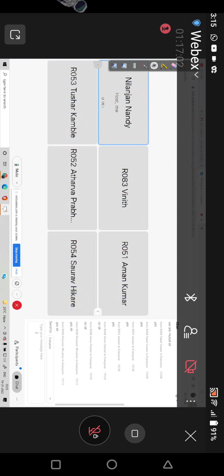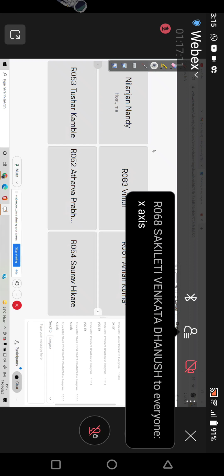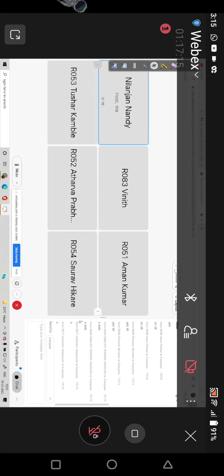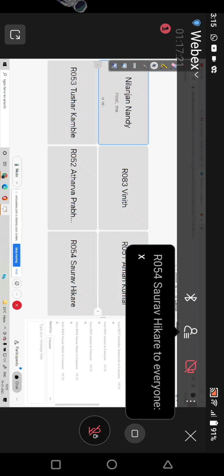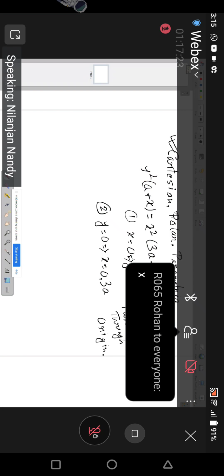Anyone type in the chat box, x or y. It's x-axis or y-axis? Yes, x-axis. Basically in this curve, if you substitute minus y for y, you can observe very clearly that the curve remains the same.